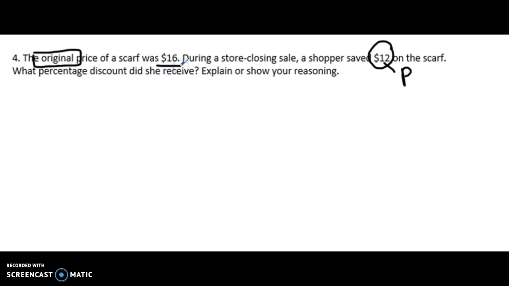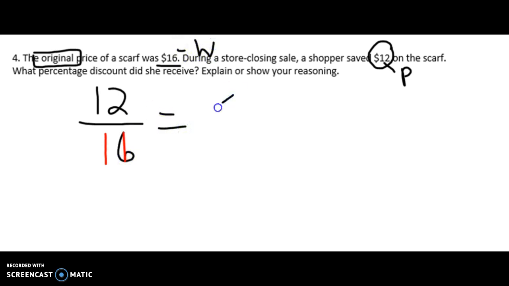So what we can do is we can say 12 per discount, the part, over 16, that's my whole, equals is what part of 100? Okay, now that we've set it up, pause the video and try to solve for x independently. Press play when you're ready to review.